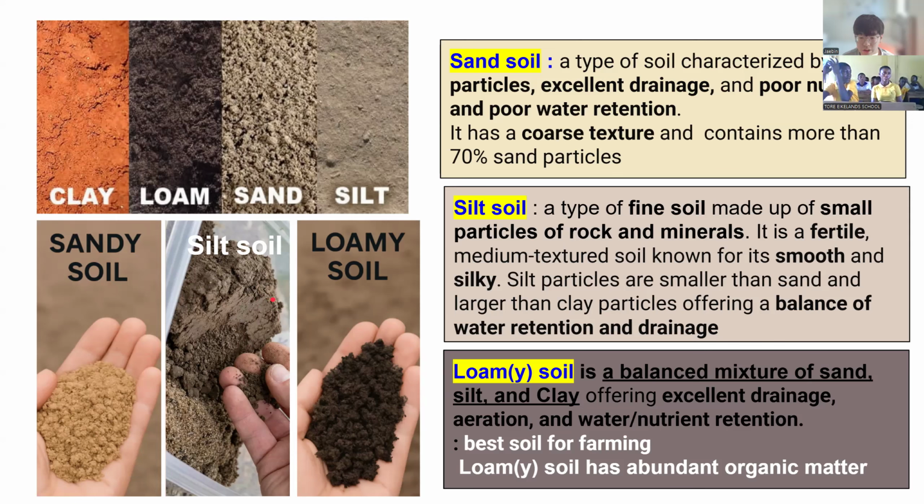It offers excellent drainage, aeration, and water and nutrient retention. That is why loamy soil is the best soil for farming. Loamy soil also has abundant organic matter. Okay, that's what we did last time.